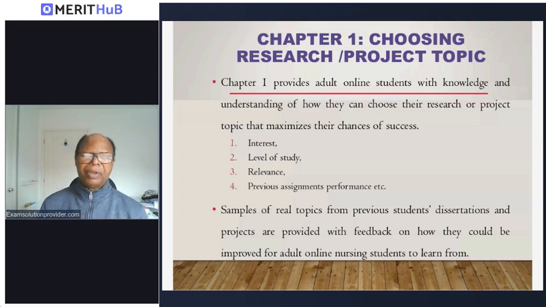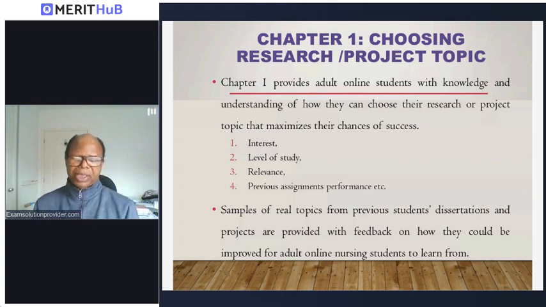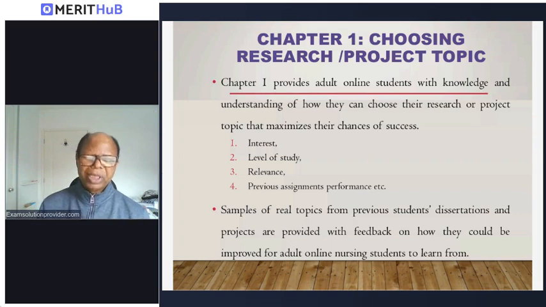So you have got a problem there, because it may be a topic which you are not good at, or not interested in. So you are always given the opportunity to choose the topic that you need. So this is what covers chapter 1.